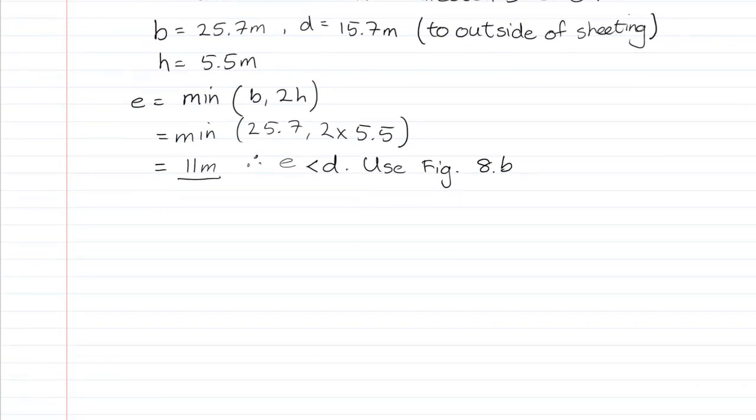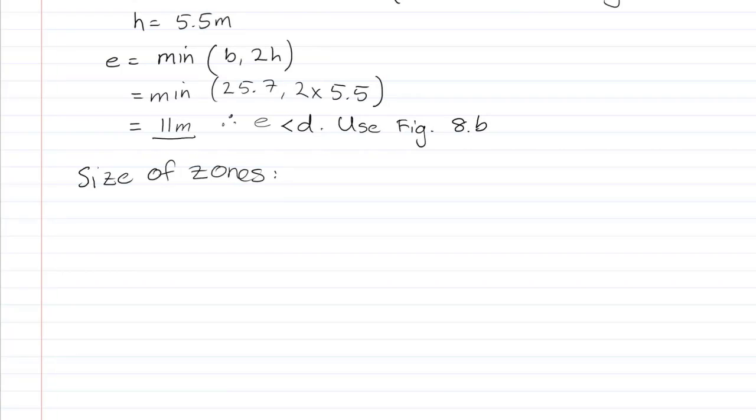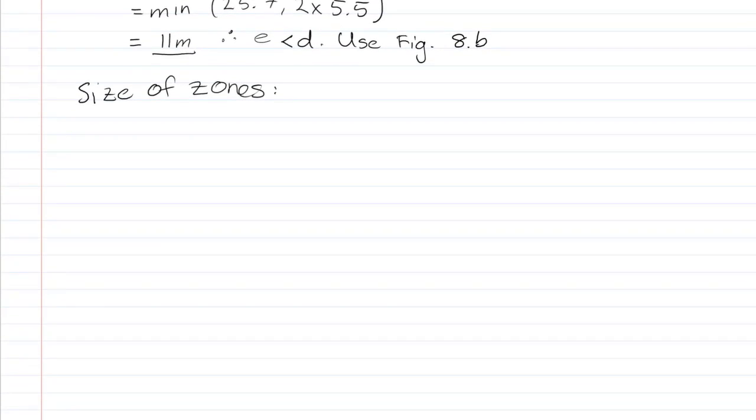Now, continuing on, size of zones. Because you'll see those A, B, and C zones have specific dimensions. I'm just going to put in the different calcs here: these are the dimensions, the widths of these zones, and these are for the pressure coefficients on the sides of the building.